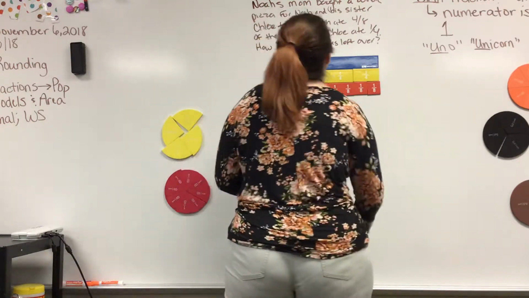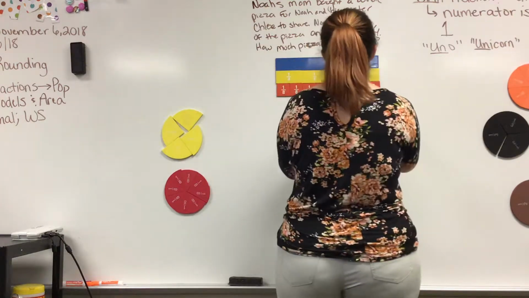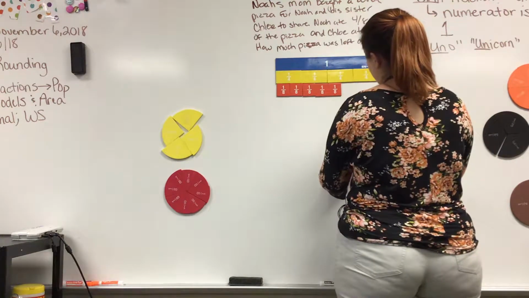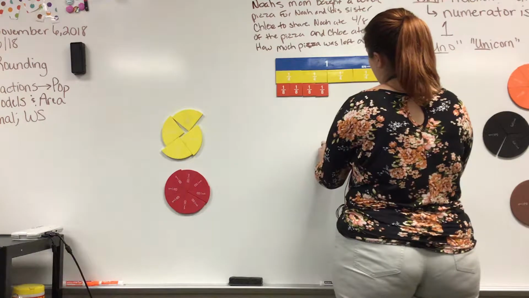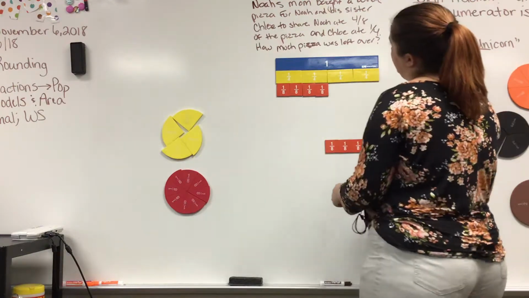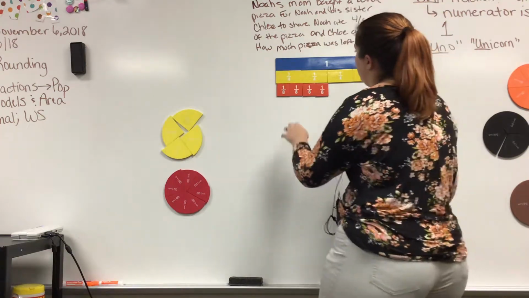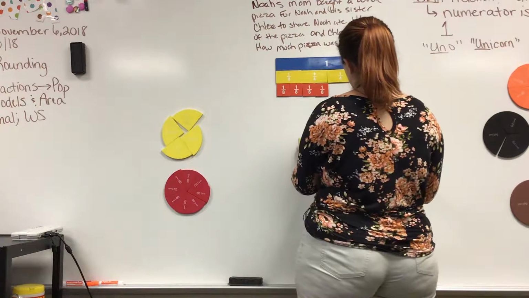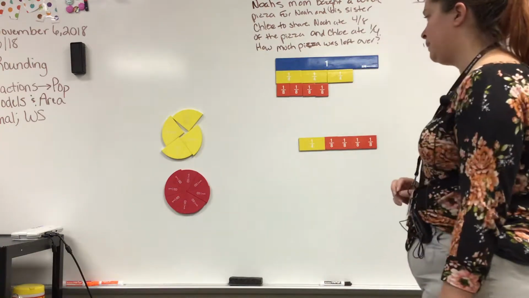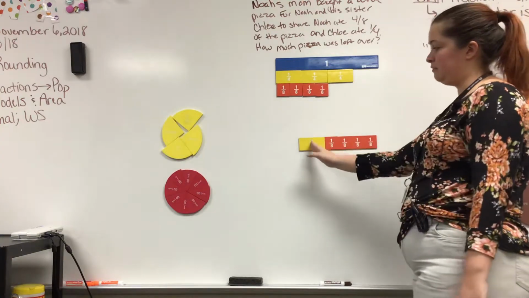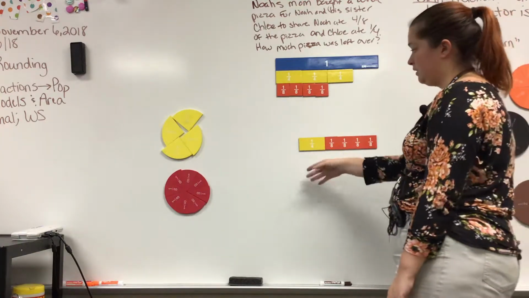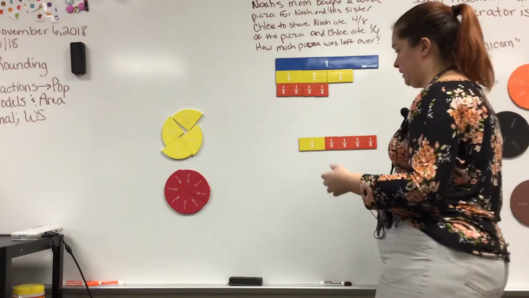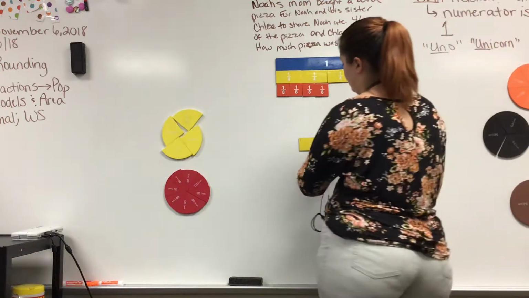All right, so we know Noah ate 4/8 pieces of pizza. So I'm going to take 1, 2, 3, 4. Noah ate 4/8 pieces of pizza, and Chloe ate 1/4 piece of pizza. So here's Noah and Chloe's total amount of pizza. But remember, we have to convert this 1/4 into eighths because we needed to find the common denominator, which is eighths.